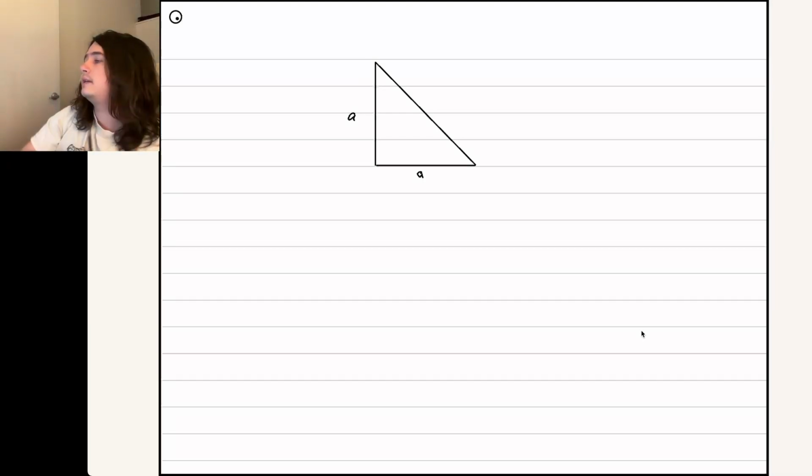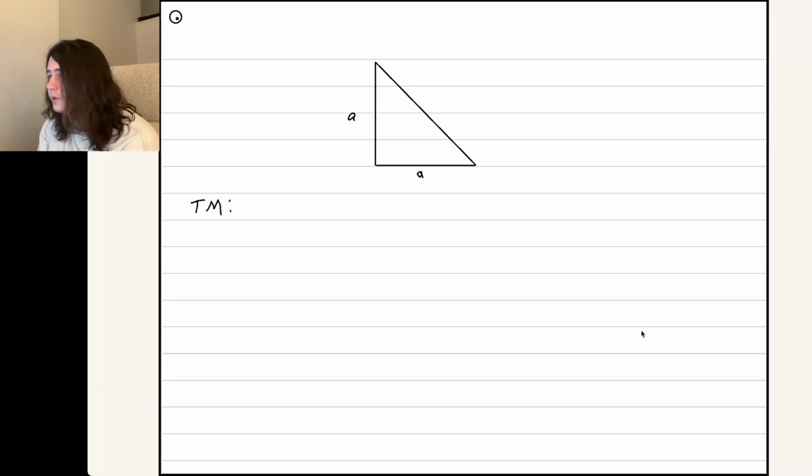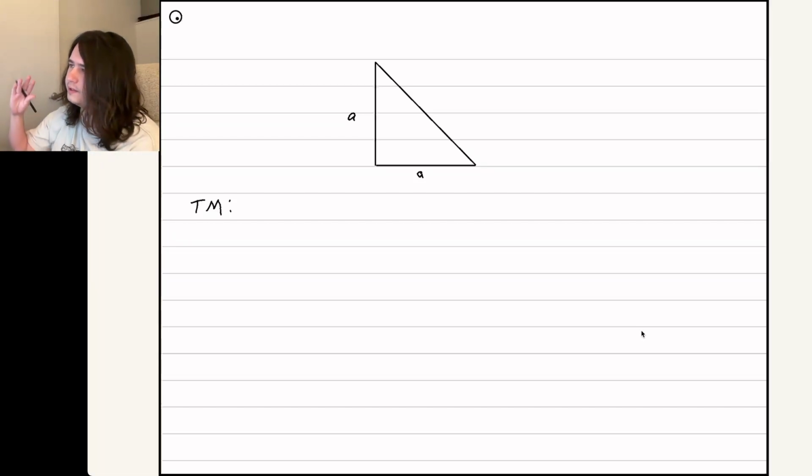So, starting with the TM mode, we are not going to try and derive the boundary conditions for this thing. Instead, we're going to make a symmetry argument, seeing that the triangle is just one half of a square, with the symmetry line being on the y equals x line.